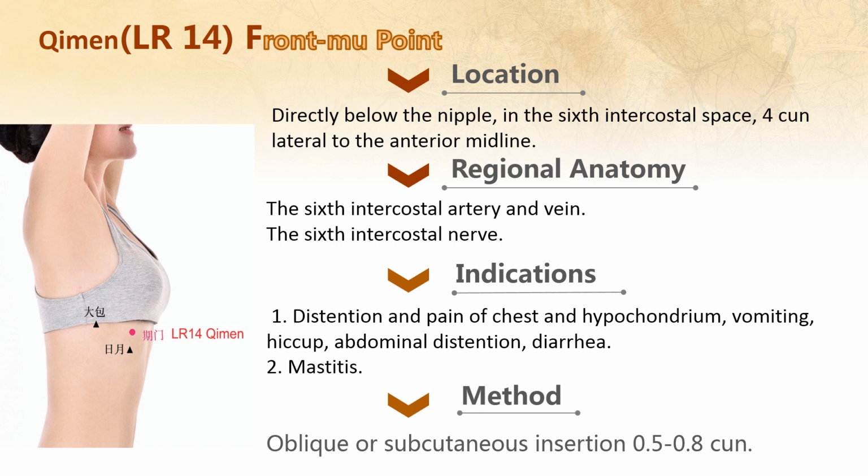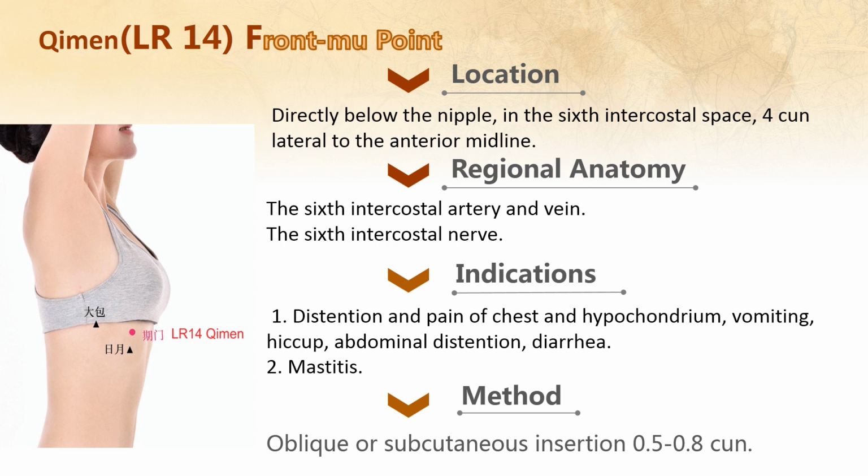Qimen LR14 is the front-mu point. Its location is directly below the nipple, in the 6th intercostal space, 4 cun lateral to the anterior midline. Its regional anatomy is the 6th intercostal artery and vein, and the 6th intercostal nerve.